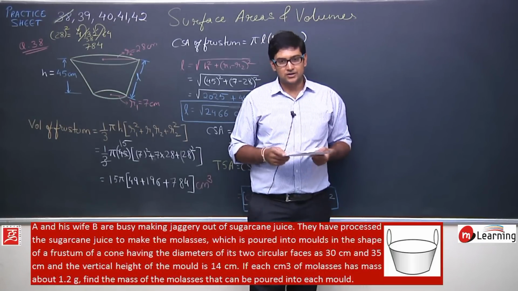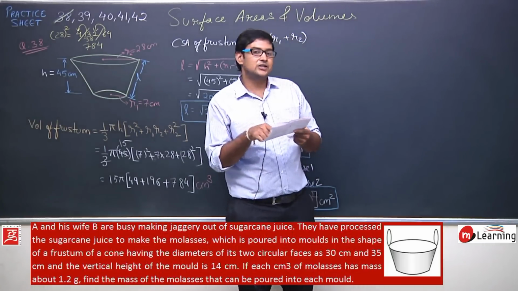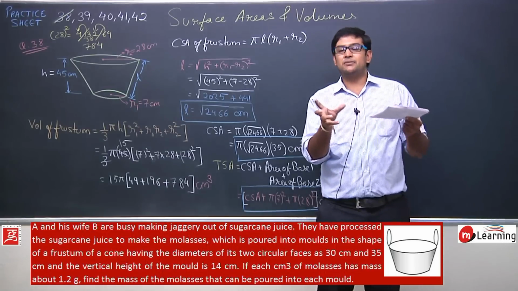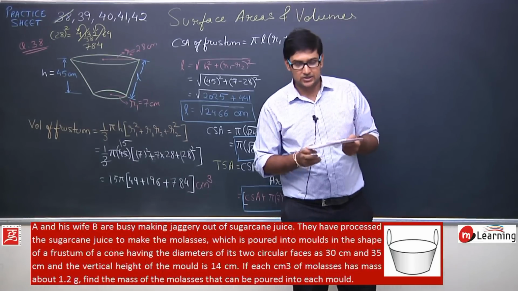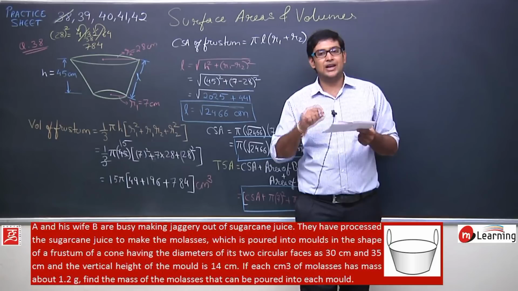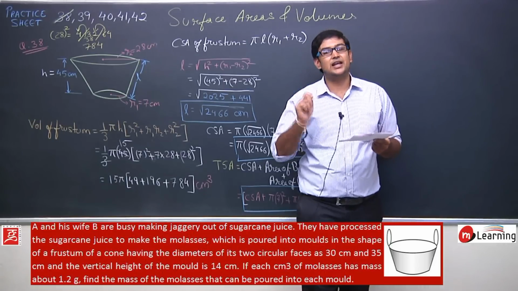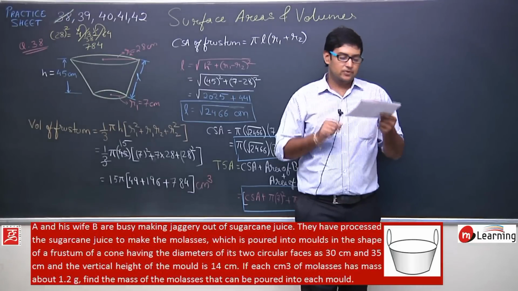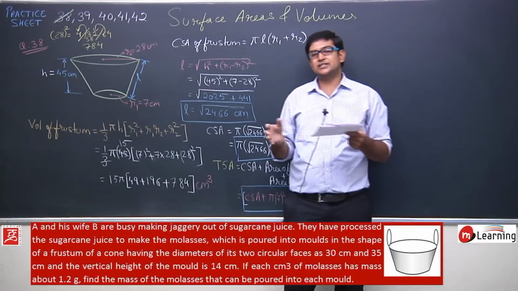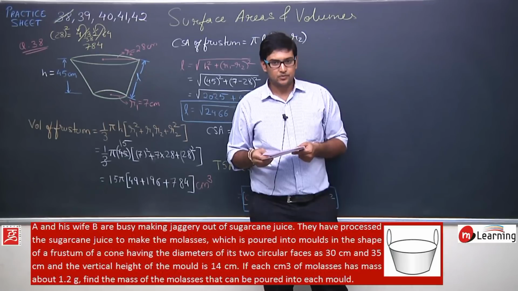So it's a byproduct. So what they did is they poured this molasses into frustum shaped buckets. Okay, what they did is they poured this molasses, this thick paste liquid, in the frustum. Okay, in the shape of a bucket, which is in the shape of frustum.